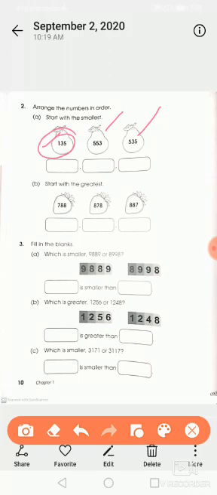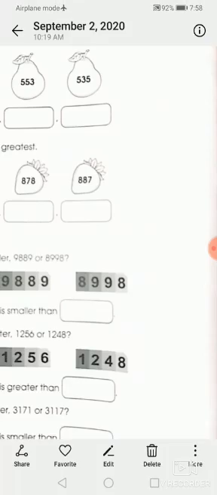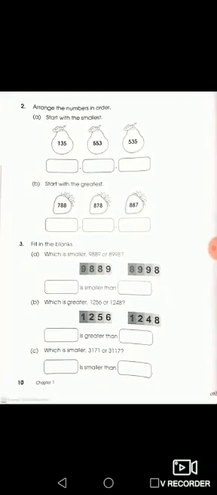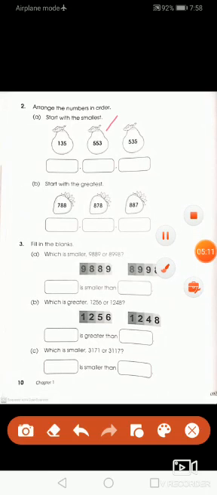Then the remaining two have the same hundreds values, so we compare the tens. In this question, the tens digit is 5 tens here and 3 tens here. So 5 tens is greater than 3 tens. So this one is the second greatest number and the other is the smallest.